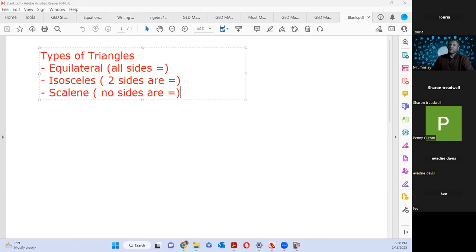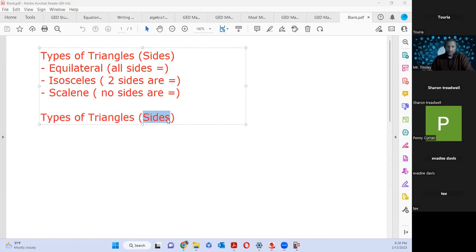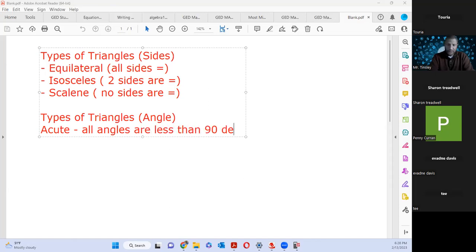Okay, so you have to be familiar with that. This is the types of triangles by sides. You also have to be familiar with the types of triangles by angle. So you have acute, which is all angles are less than 90 degrees.